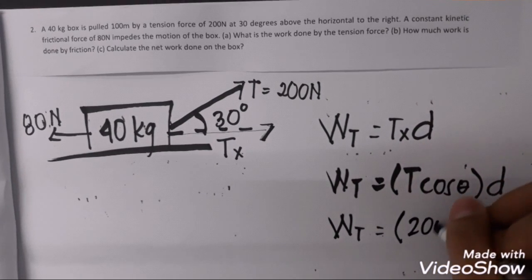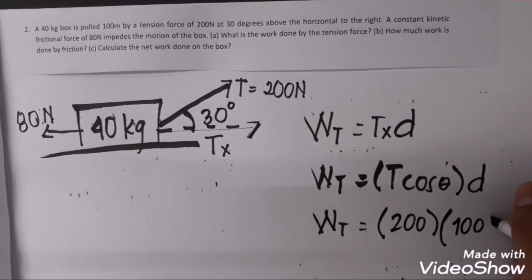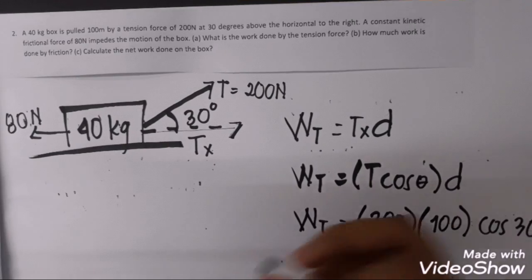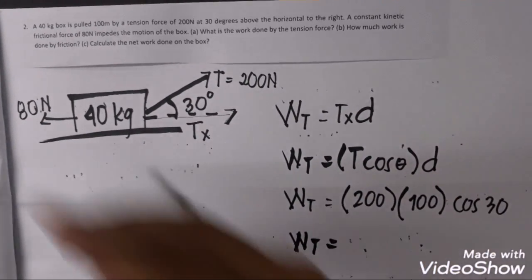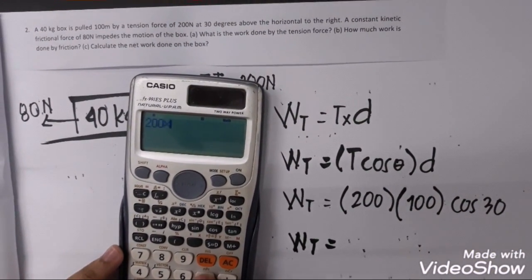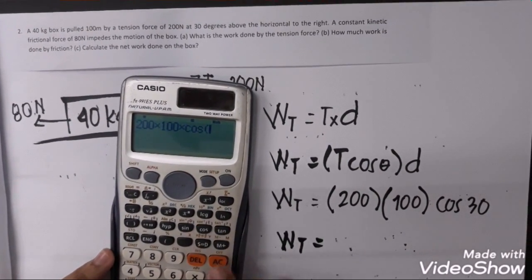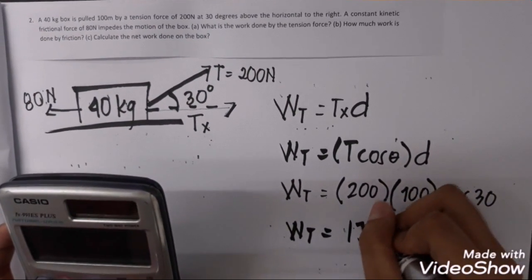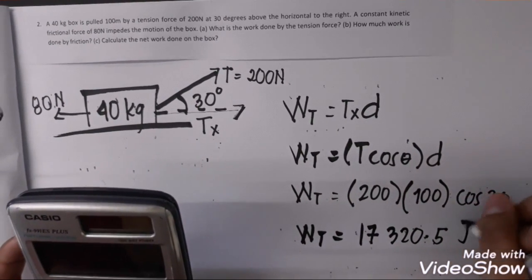So 200 times 100, the displacement, times the cosine 30, is equal to 200 times 100 times cosine 30. The answer is 17,320.5 joules.